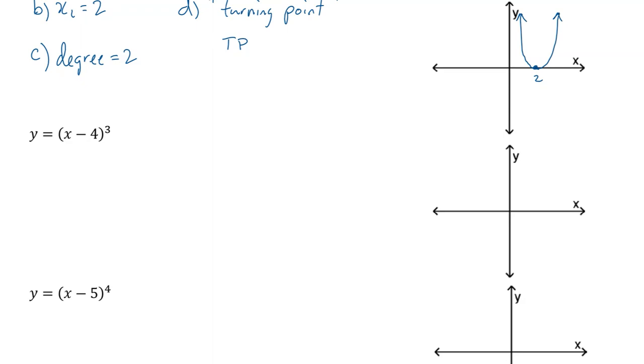Now this one, what type of graph is this going to be? So again, this is why we just looked at that demo, is because before that, you wouldn't have known how to draw this graph. Okay, but it's a cubic, and it's also in transformation form. So it's got a shift to the right by 4, and it's going to have that familiar cubic look.